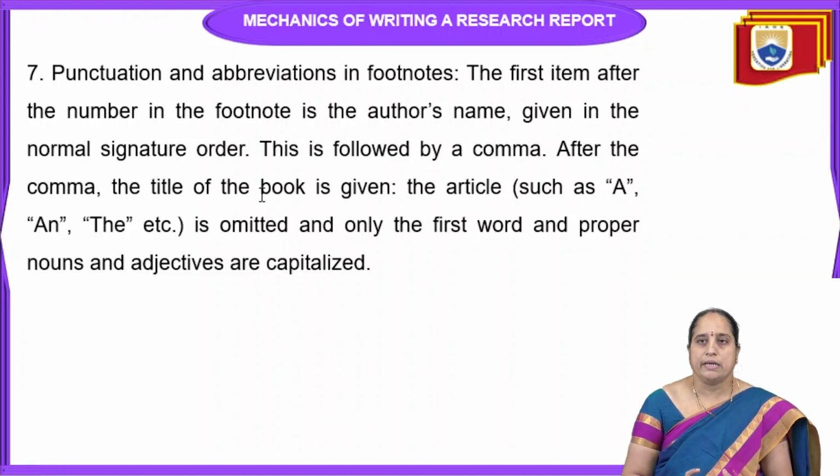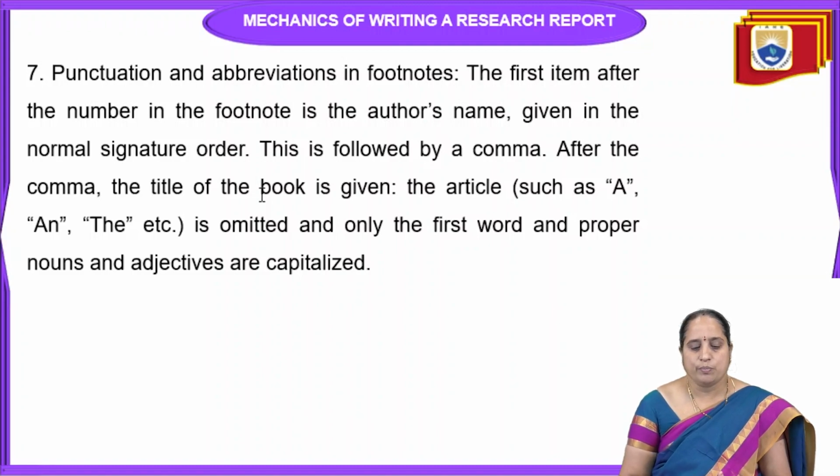This is followed by a comma. After the comma, the title of the book is given. The articles such as a, an, the, etc. are omitted, and only the first word and the proper nouns and adjectives are capitalized.